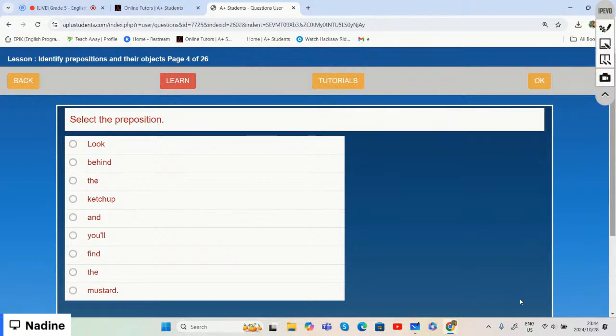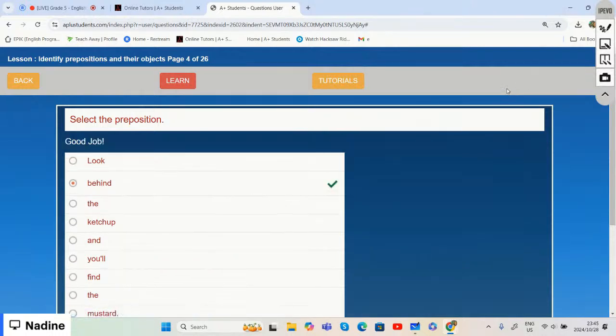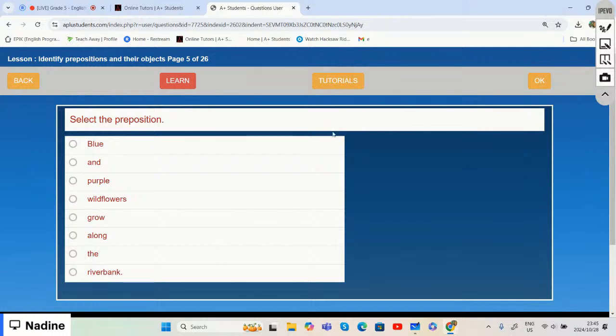If we were to identify our preposition within the sentence, we will choose option 2. Well done, which is behind.